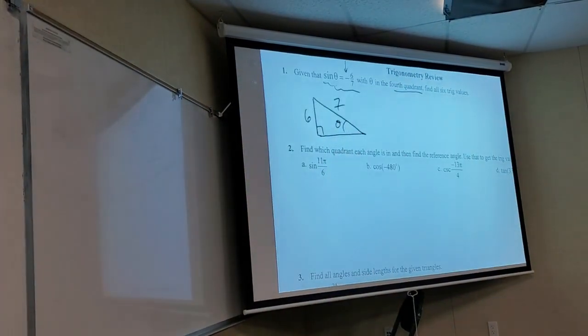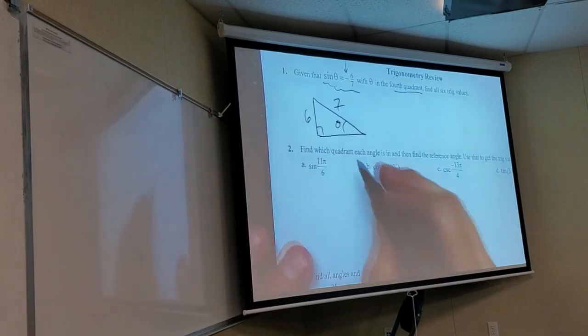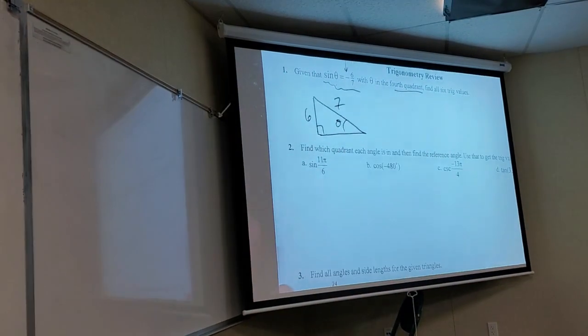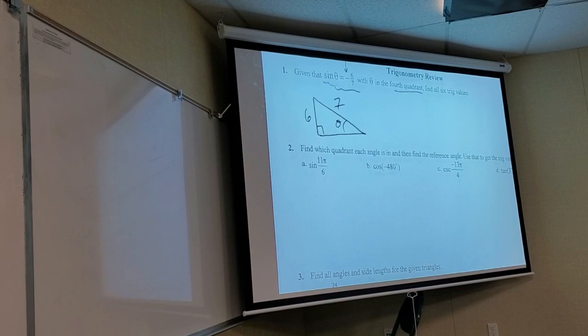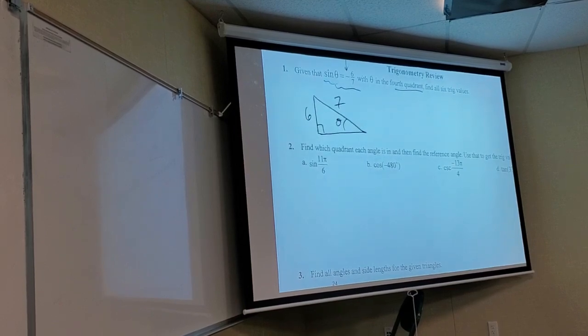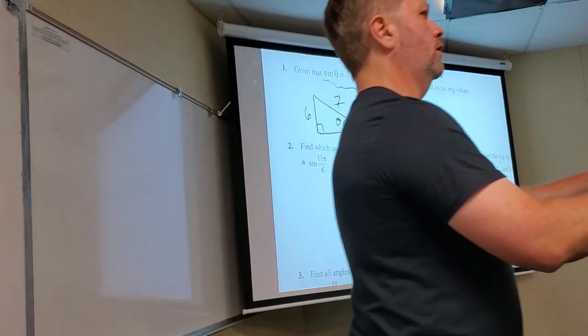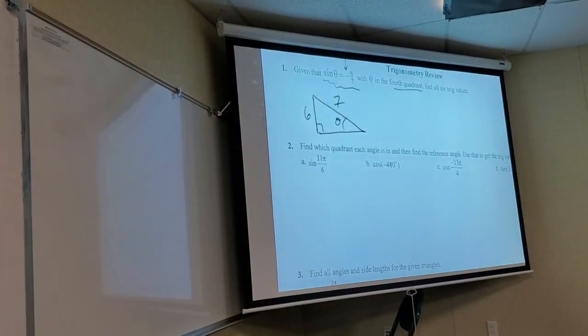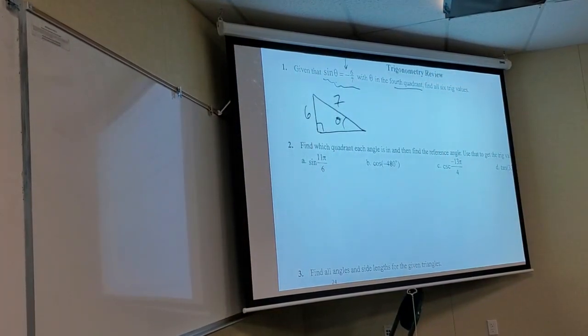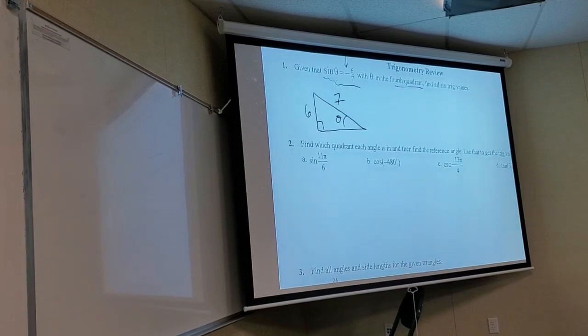This is the part you should all be jumping on. What I'm trying to say is that it is so much easier if you don't throw the negatives into the middle of your work. At the end, let me ask you this: in the 4th quadrant, is cosine negative or positive? Positive. So whatever numbers I get, I'm going to leave it positive.